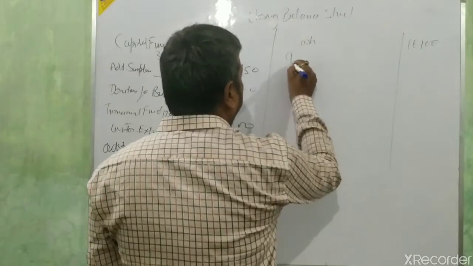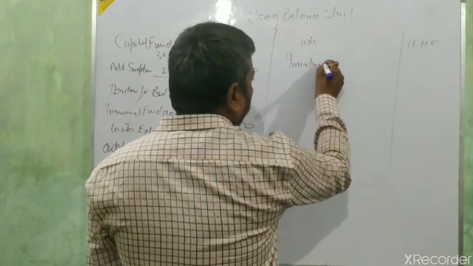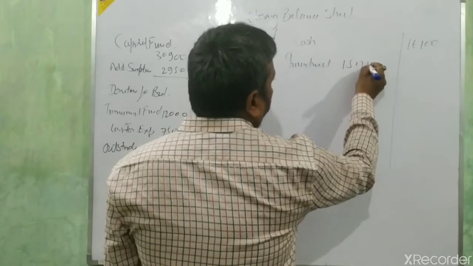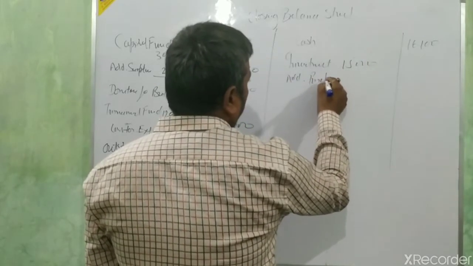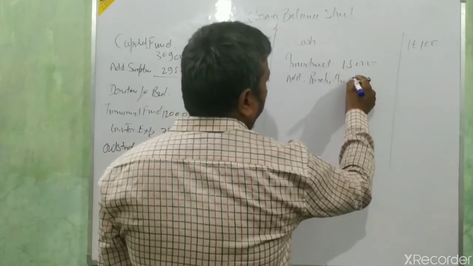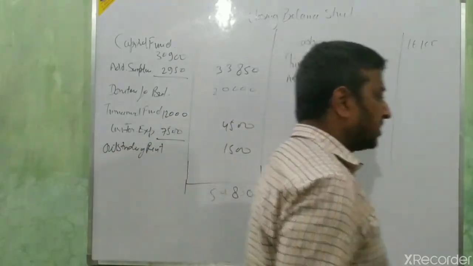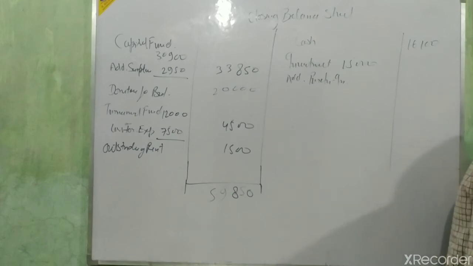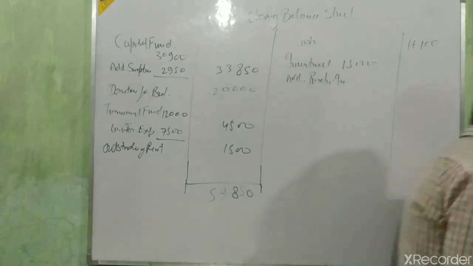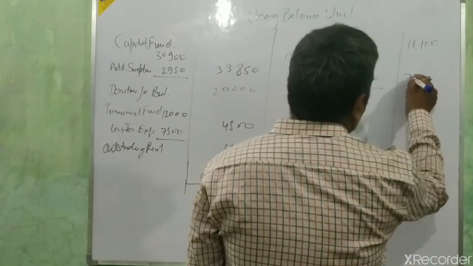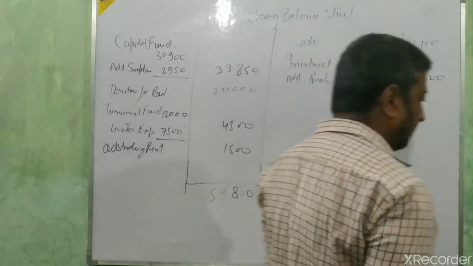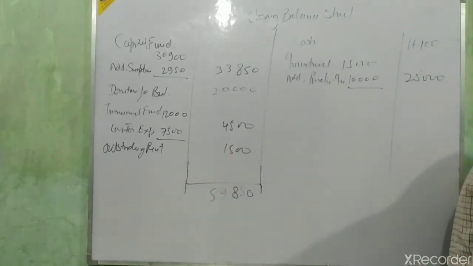So we write it like that: investment outside 15,000, add purchase investment, that amount is 10,000, the total amount is 25,000. Okay beta.